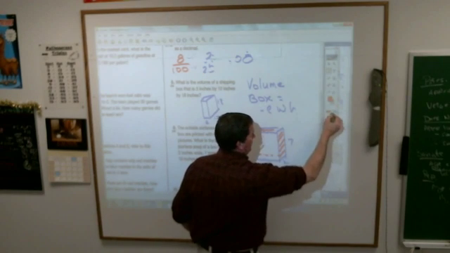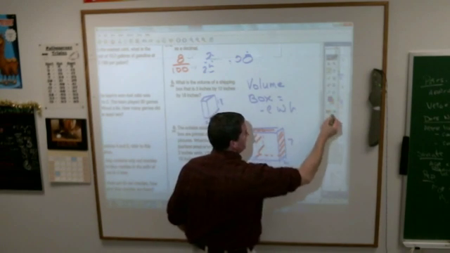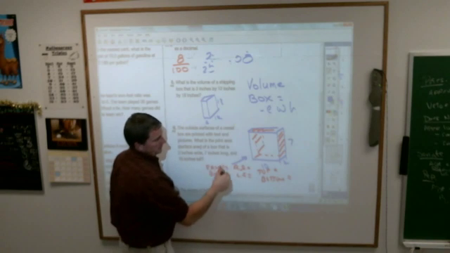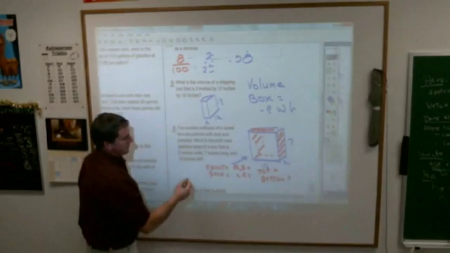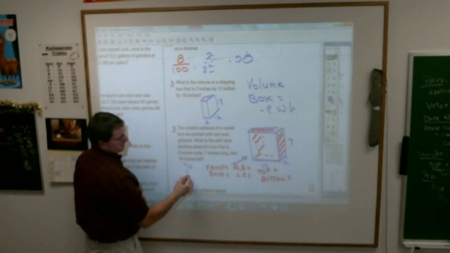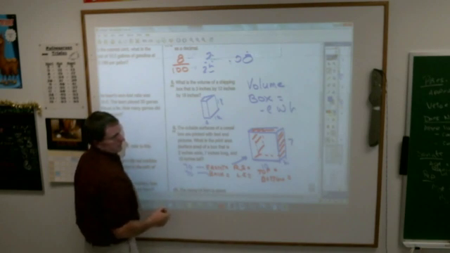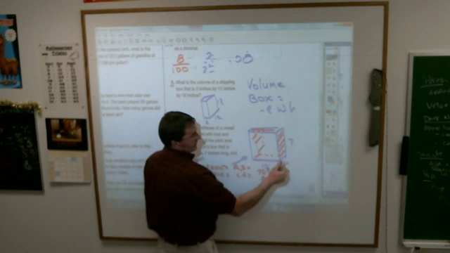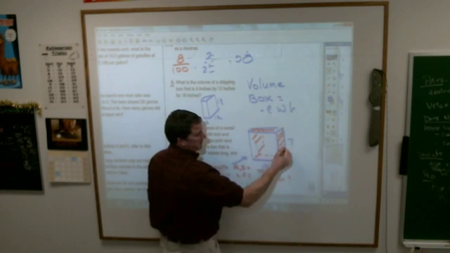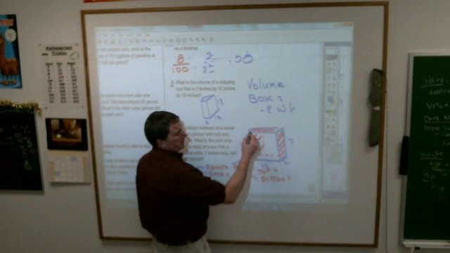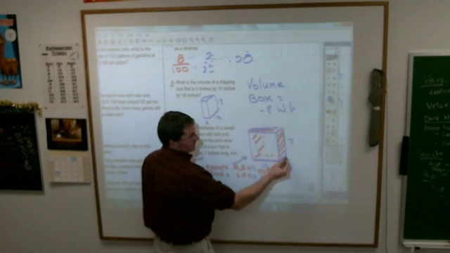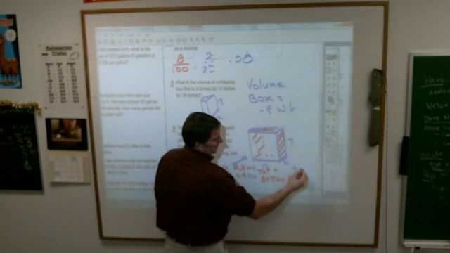What is the area of, let's say, the front? The front would be 10 times 7. So what do you have? 70. What is the area of the right side? It is 2 times 7, which is 14. What is the area of the top or the bottom? 2 times 10, which is 20.